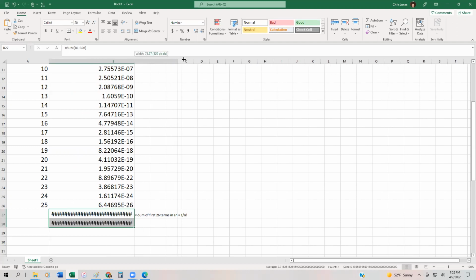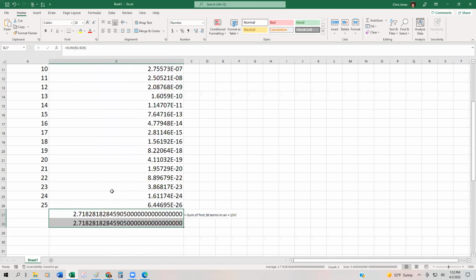Notice that, obviously, Excel doesn't handle it past that. But it's accurate to right here, which is probably somewhere in the trillionths place. If I were to count it out, that's scarily coincidental. In fact, it's just not coincidental. It is purposeful.